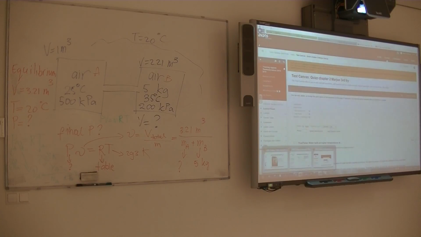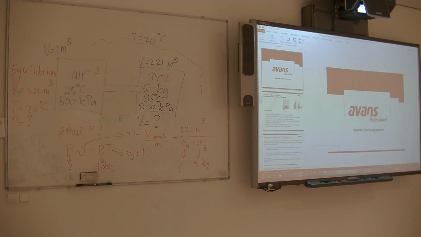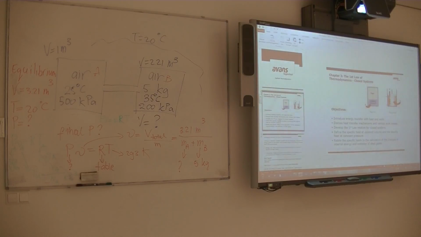Chapter 3 is about closed systems, and it's about PV work, so we get lots more formulas where the pressure and the volume and the work that's being done if this changes is calculated.